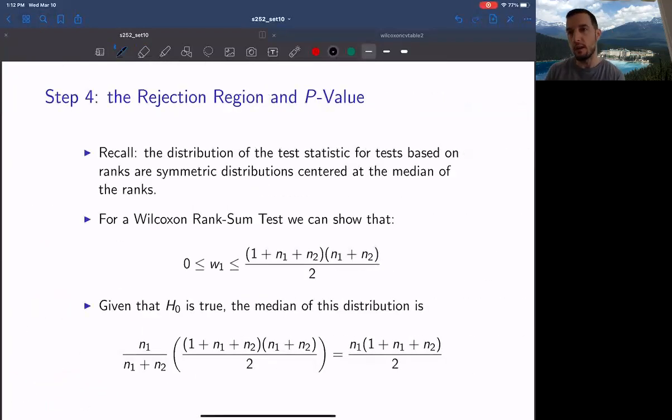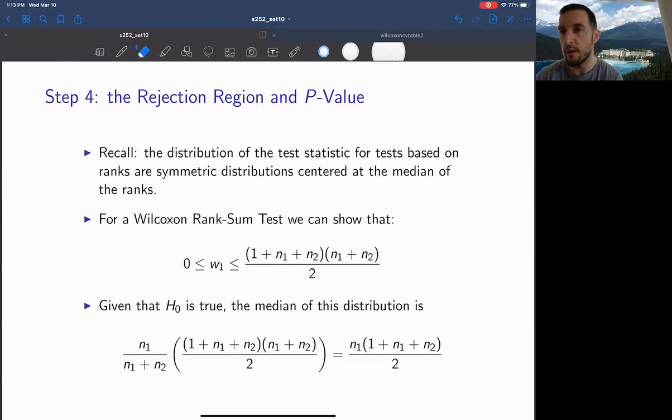When we studied the signed rank test, we went through a description that was meant to illustrate how the distribution of the test statistic would behave, or what it would look like.